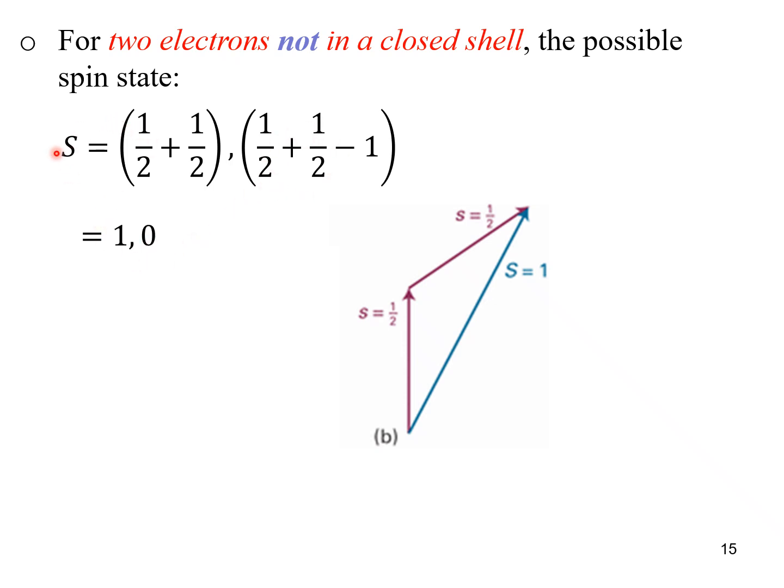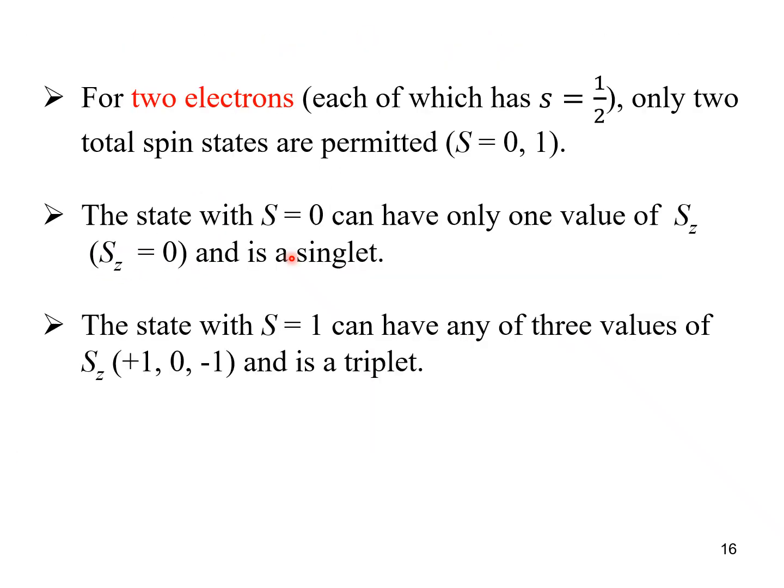So the spin quantum number for a two electron system is either 1 or 0. For a two electron system, each of which has a spin quantum number of 1/2, only two total spin states are permitted, which are S equals 0 and S equals 1.